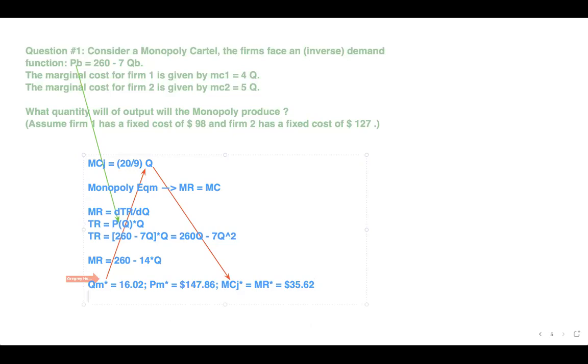Okay. So then our last step in characterizing equilibrium is we'd want to calculate the contributions of each of the firms to total cartel output. So does anybody have a question about how to do that, or can you do it?